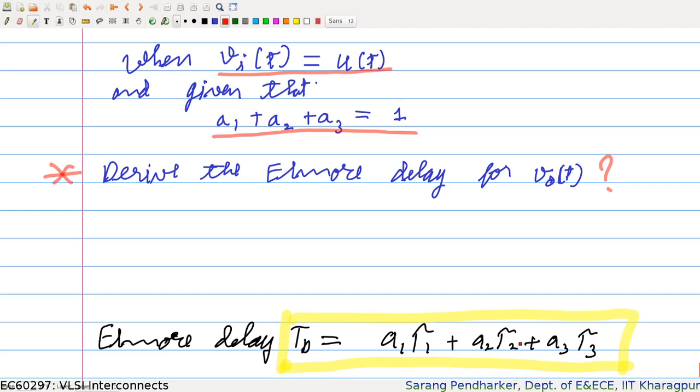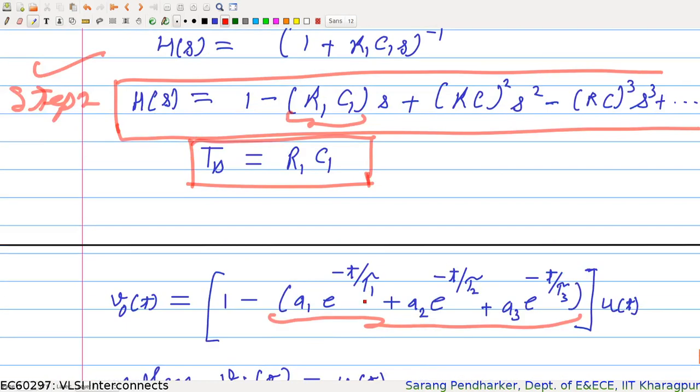Right. So suppose A2 is equal to 0 and A3 is equal to 0. Then in that case A1 will be equal to 1. What I have is a single RC lumped circuit, which I had seen in the previous example, and in that case your Elmore delay would be simply tau 1.